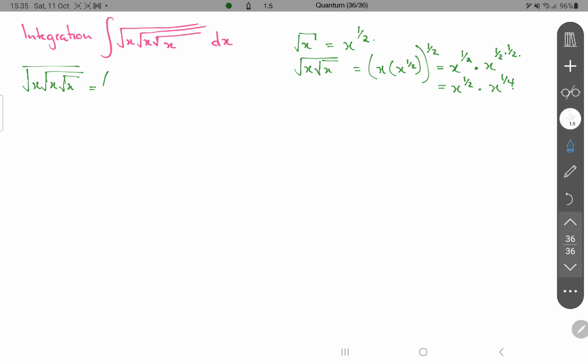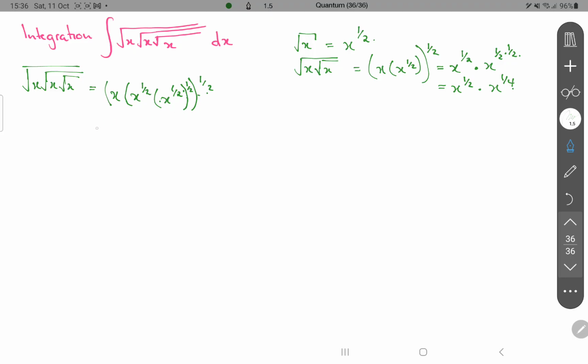That means x here is multiplying x to the power a half. Inside there is another x multiplying x to the power half multiplied by the x to the power half, with a half here and a half there. This bracket is that, this bracket is that, this bracket is for the whole thing.